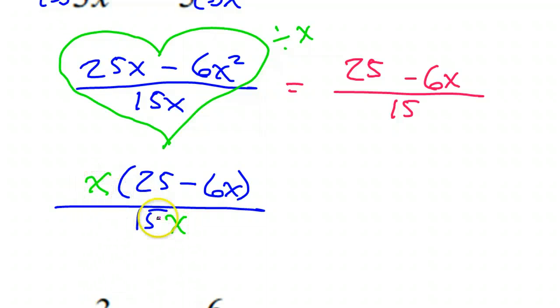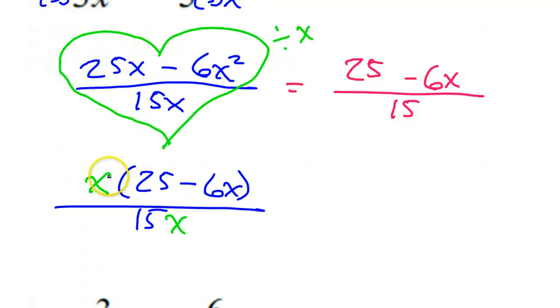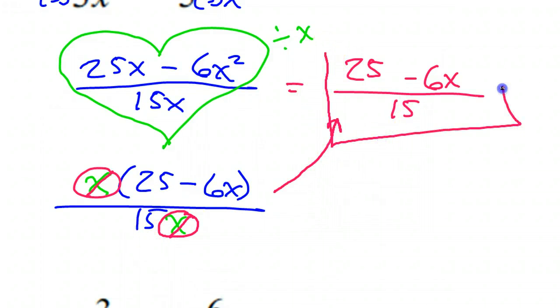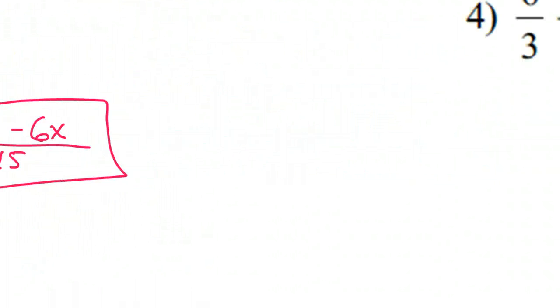And now the x I just pulled out and the x in the denominator can cancel out, and that will just leave you with 25 minus 6x over 15, which is what we had before. You decide which way is the best way for you to think about it.